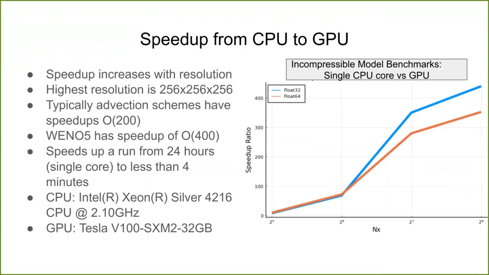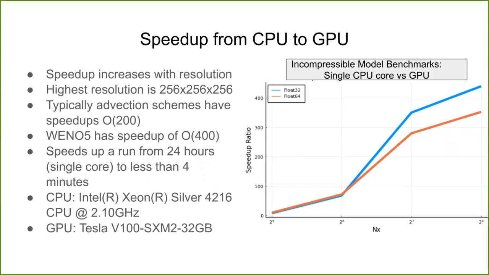One of the big key features, as I mentioned before, is being able to do things on GPUs, since GPUs can do things faster. We find that in the case of the incompressible model, when we have a grid of 256 cubed, typical advection schemes give you speedups of around 200 times, whereas WENO 5, one of the better ones, gives you a speedup of 400, in part because this is a really expensive scheme and GPUs seem to perform favorably on this approach.